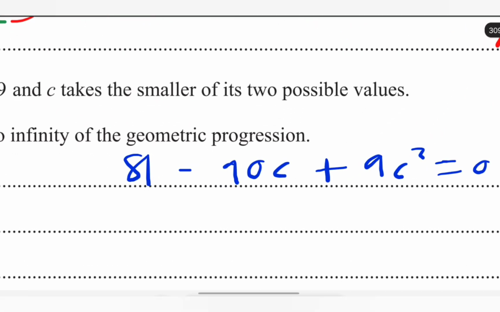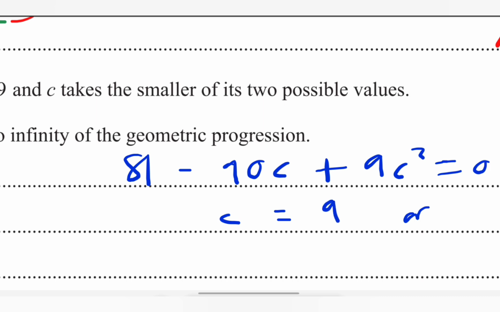I'm just going to use the quadratic formula to get the two values of c. So we know it's minus b, which is minus 90, plus or minus the root of b squared, which is 90 squared, minus 4 times a, which is 9, times c, which is 81, all over 2a, which is 2 times 9.